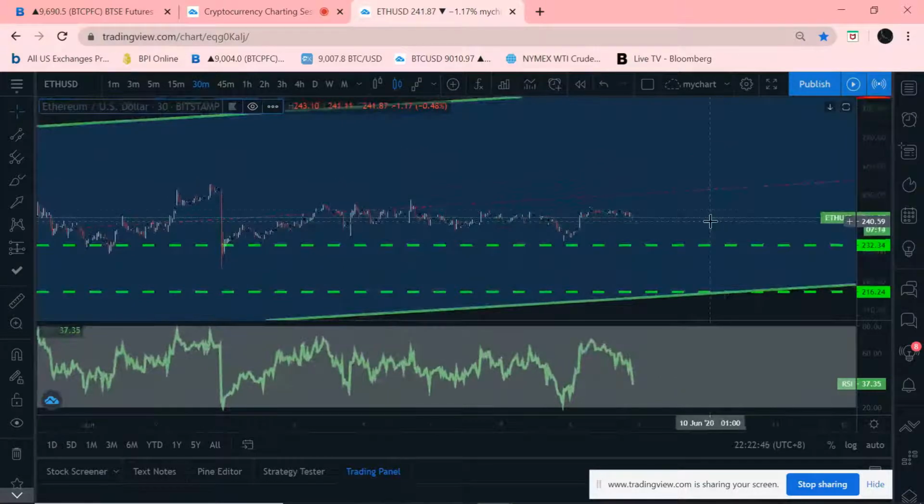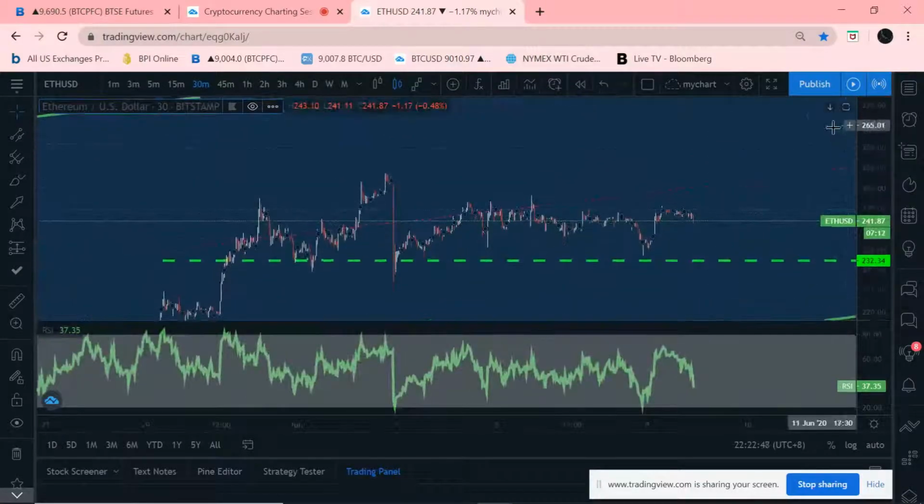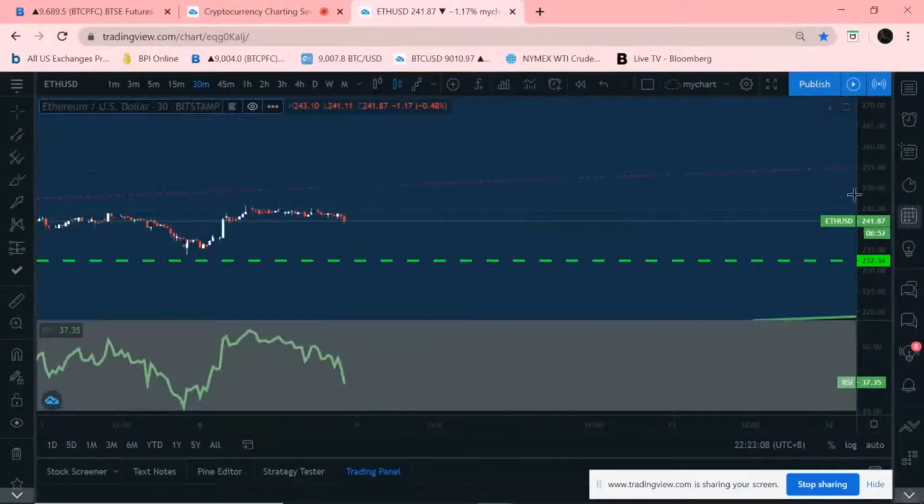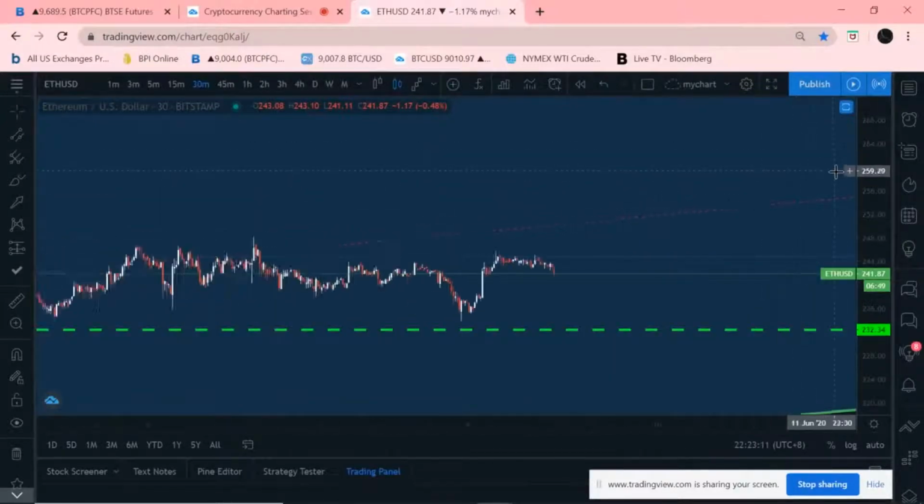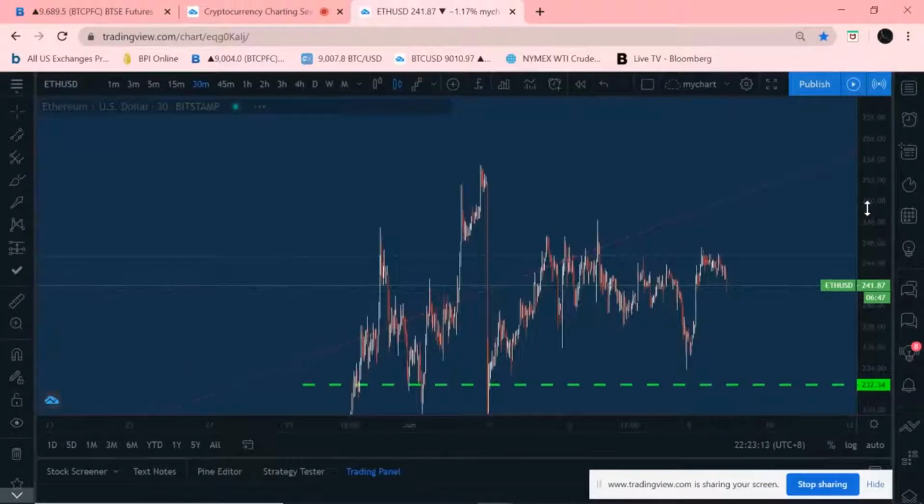And of course the resistance we're looking at is this red dash line, or it depends where the candle tries to break here. But what we're looking at is the 250 area. So yeah, I think that's it for Ethereum.